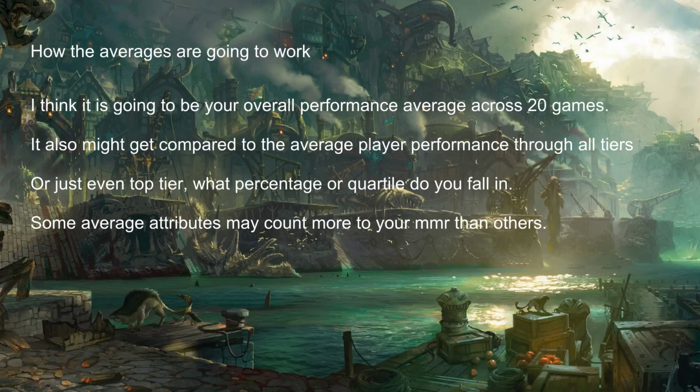That means they have a system in place that can calculate things across 20 games, and that's one of the reasons I think 20 games would be considered the overall average that they're going to work on.